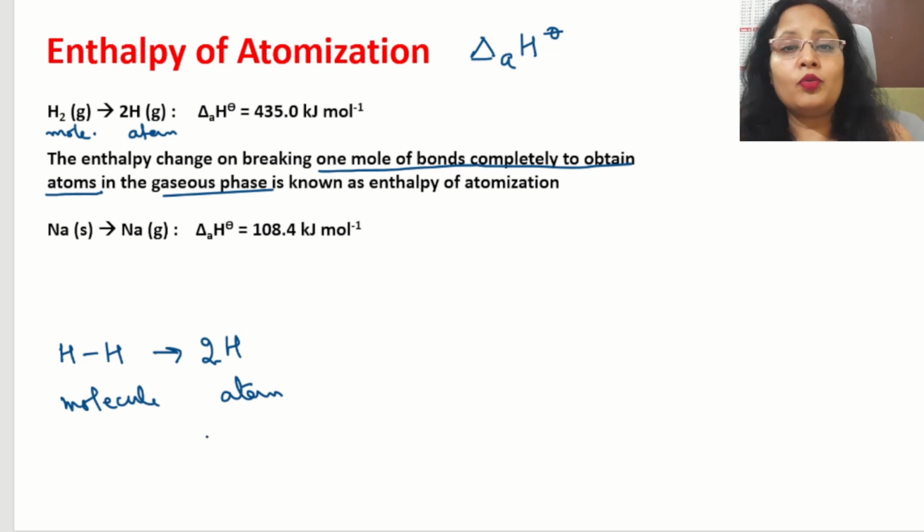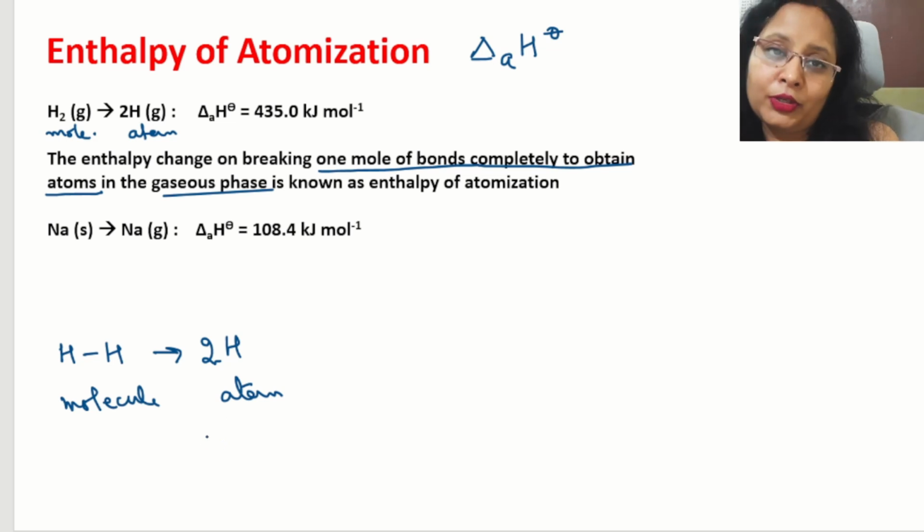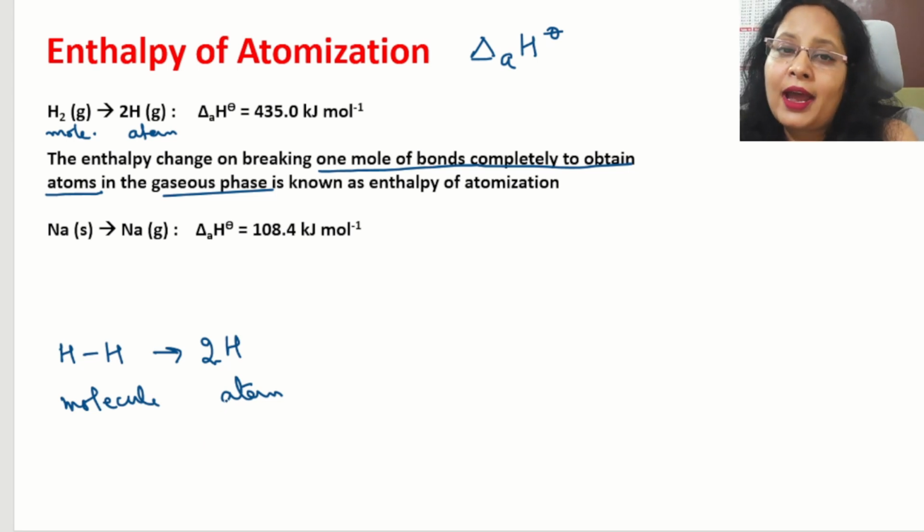So 1 mole of molecule, when its bonds break, gives atoms in the gaseous phase. Here the enthalpy change is called enthalpy of atomization. In the hydrogen case it is 435 kilojoule per mole. Now it is very easy and very clear.